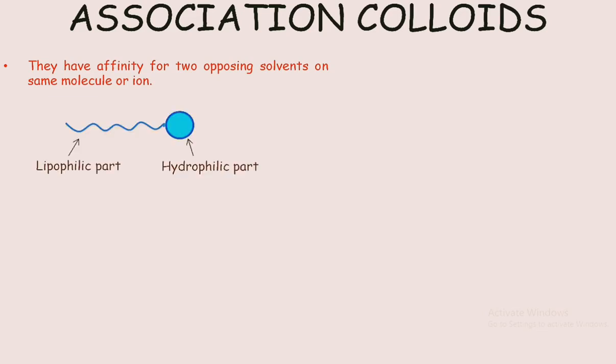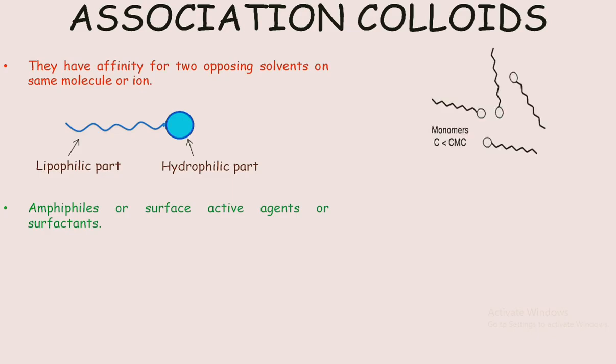The third group in this classification is association colloids. Certain molecules or ions have two distinct regions of opposing solution affinities within the same molecule or ion. These are association colloids. These are also known as amphiphiles or surface active agents or surfactants.